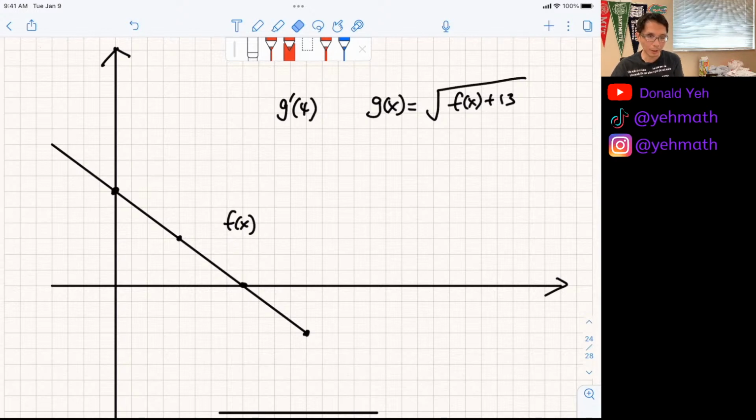First of all, you have to know how to take a derivative of g of x here. You should realize that's involved with chain rule. So let's give it a try, see if you can take a derivative and plug in 4 and evaluate this correctly. If you can do it, then I'll give you the next one.